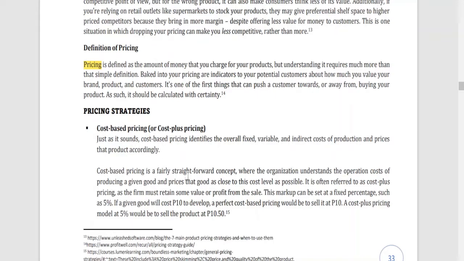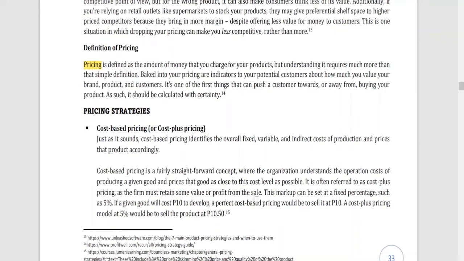Cost-based pricing is a fairly straightforward concept where the organization understands the operation costs of a given good, and prices that good as close to this cost level as possible. It's also called cost plus pricing because you add on the markup to the cost.